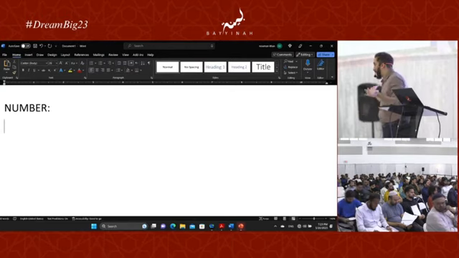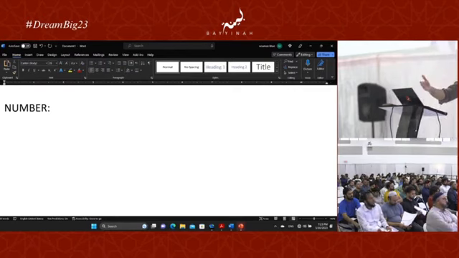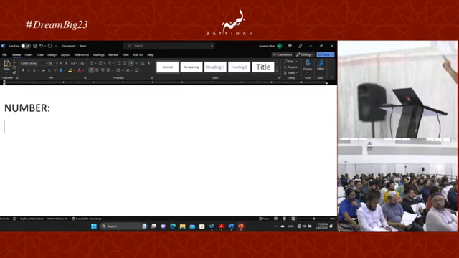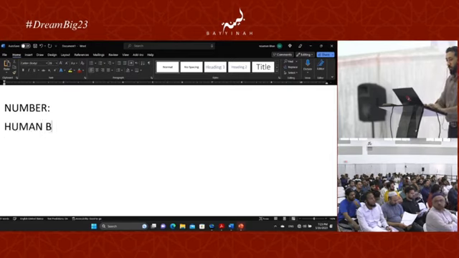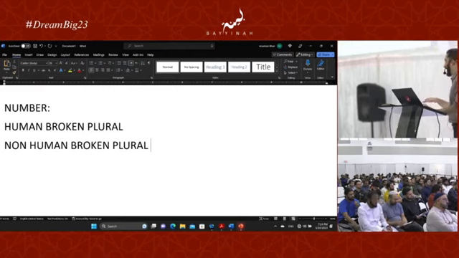It's just 3 words that are plural because the Arab said so. Nas, what are the words? Nas, what else? Qawm and Qad. So when I say number, the problem part is not 5 items. The problem part is only 2 items, which are human broken plural and non-human broken plural. If you understand this part, the rest of it is piece of cake anyway.